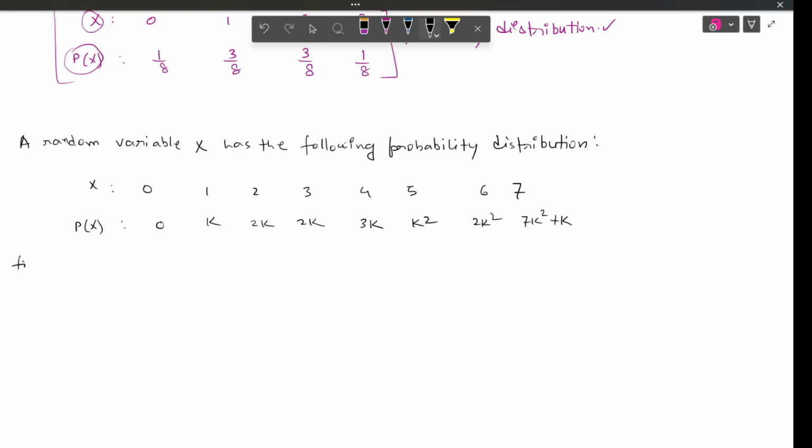You have to find: number 1, the value of k; number 2, probability of X less than 6; number 3, probability of X greater than or equal to 6; number 4, probability of 0 less than X less than 5. So let's see the solution step by step.